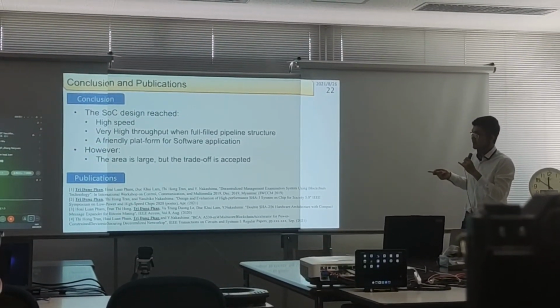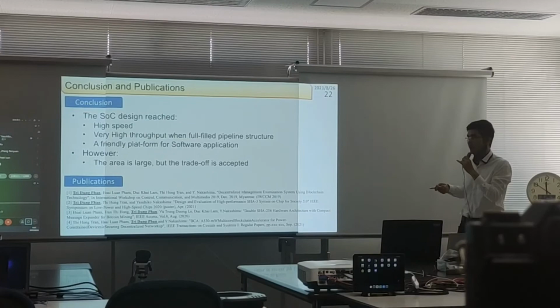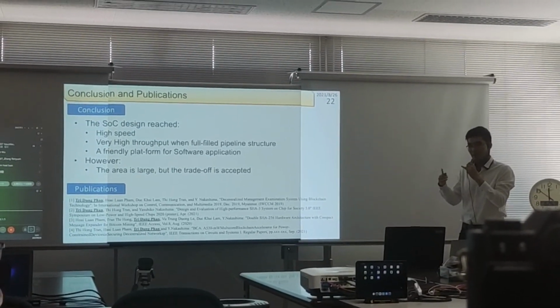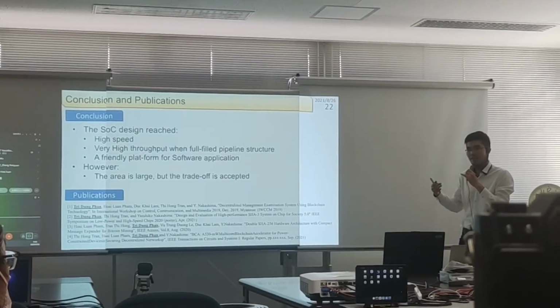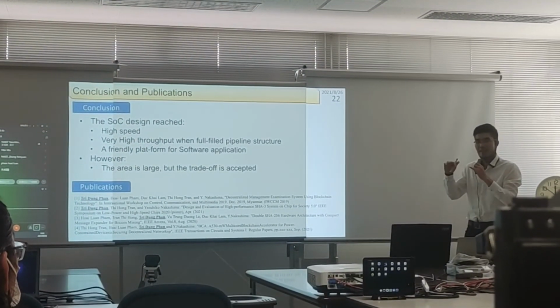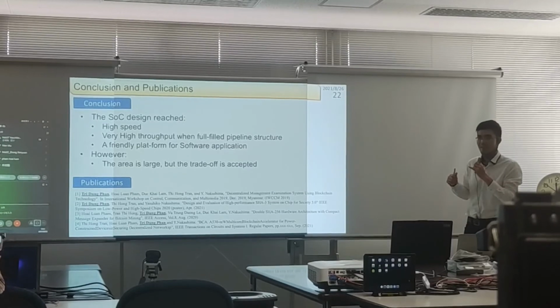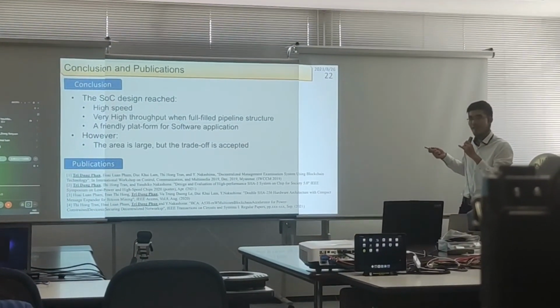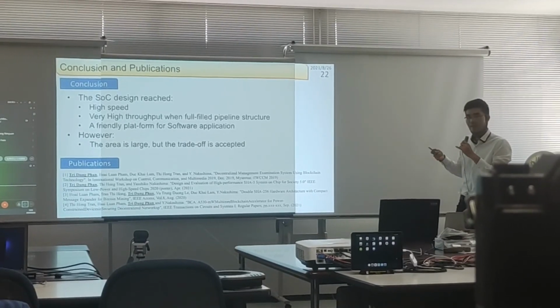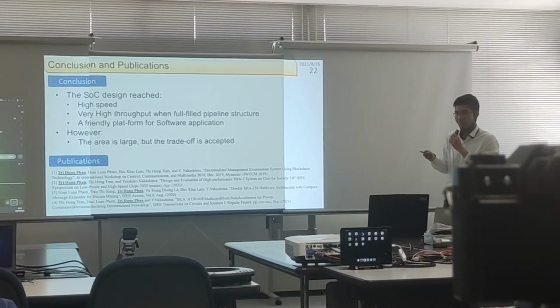And it is a very friendly platform with software. Because we apply this for software, anyone who wants to use my design just writes C code or any kind of software on the design. The area is large, but the trade-off for that is acceptable.